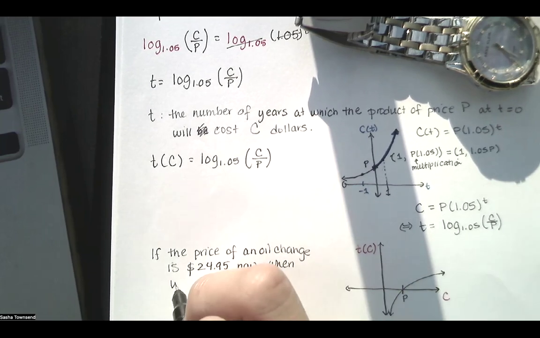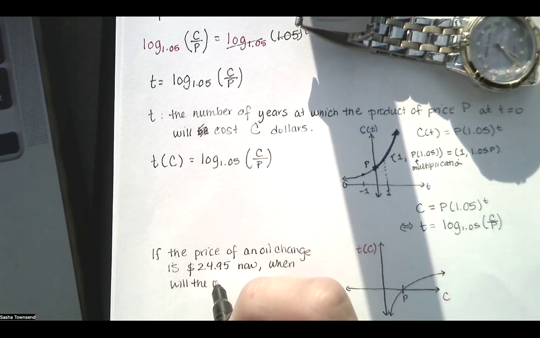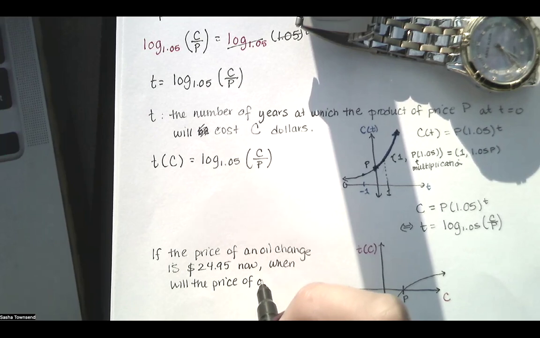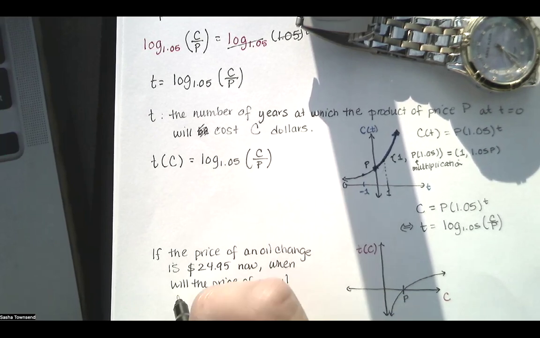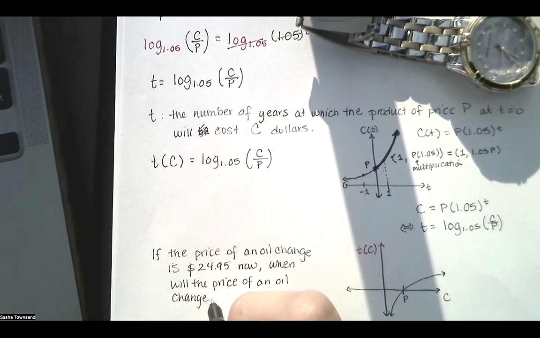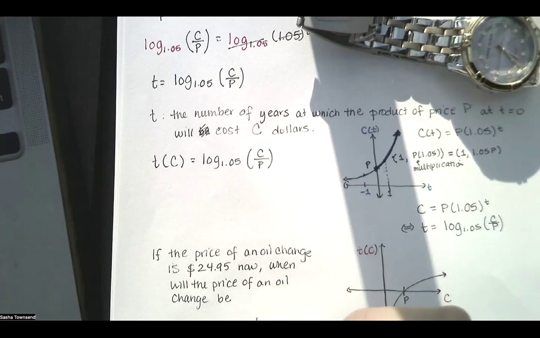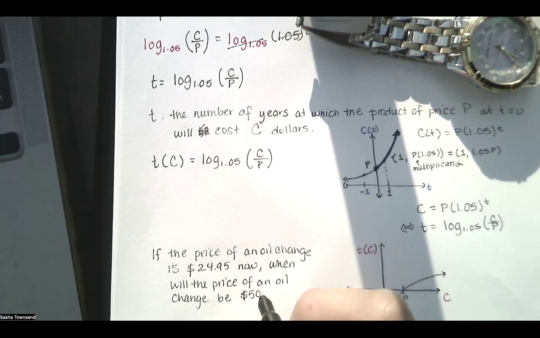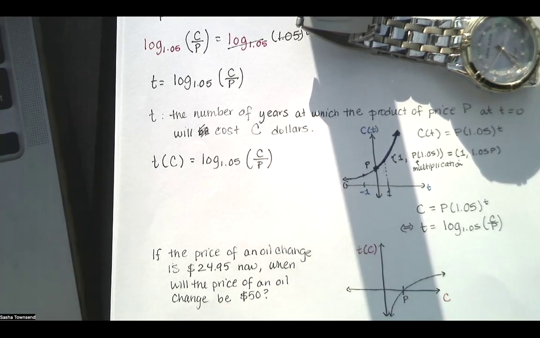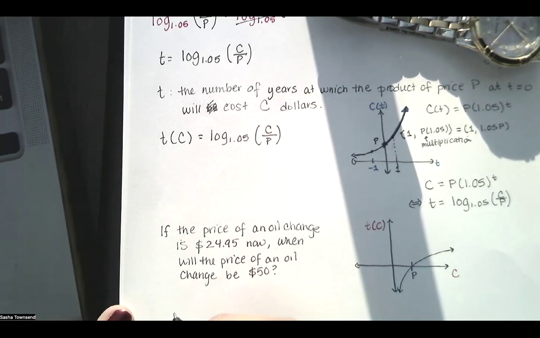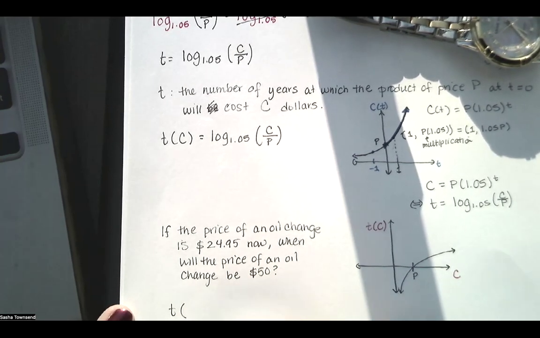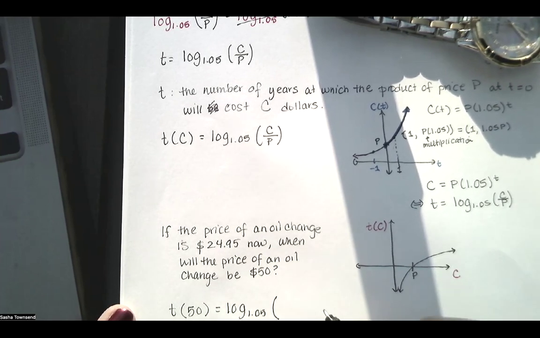So when will the price of an oil change be, let's say, $50? When will it approximately double? Well, in order to find that, I would just evaluate T at 50. So it's going to be log base 1.05 of 50 divided by that 24.95.